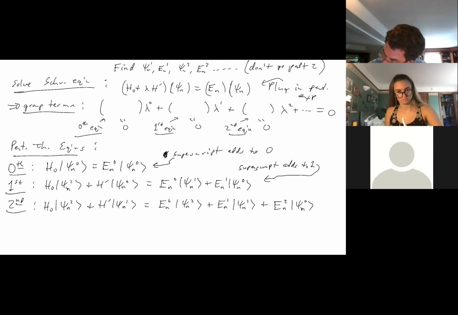And you can see that the superscript adds to 2. Okay, so those are our 3 equations: 0th order, 1st order, 2nd order. And now the trick is to solve those 3 equations.